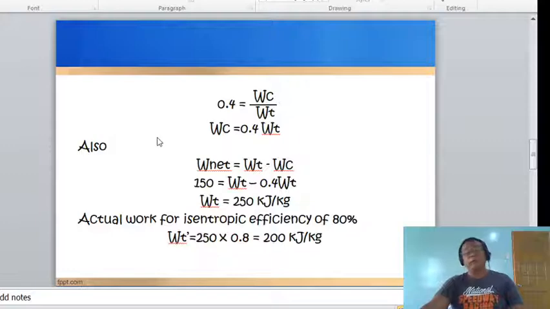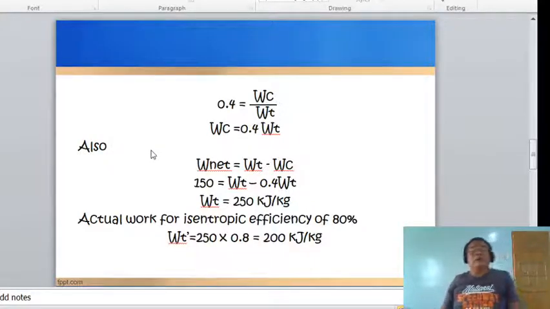So we need this, class, in order for our solution to be complete with an equation, because we have two unknowns here. So substituting values again, 150, the net work, equals W sub T minus 0.4 W sub T. So the turbine work now is 250 kilojoules per kilogram.